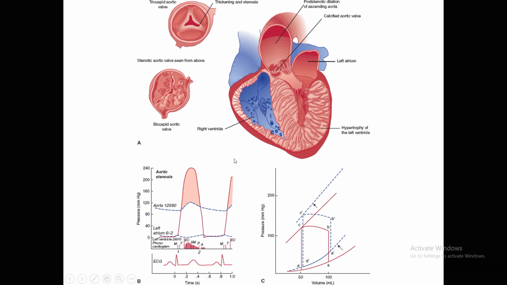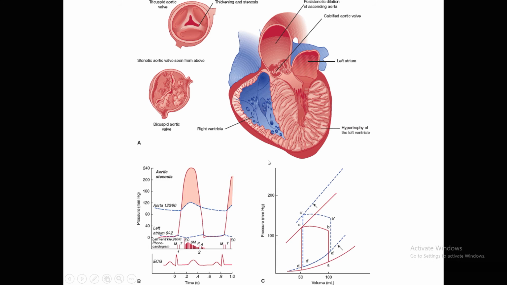As a consequence, functional changes are observed. Look here, this is especially the phonocardiogram. Let me draw your attention: acoustic phenomena are recorded. This noise recorded is known as murmur. The murmurs characterize the acoustic findings in valve defects.